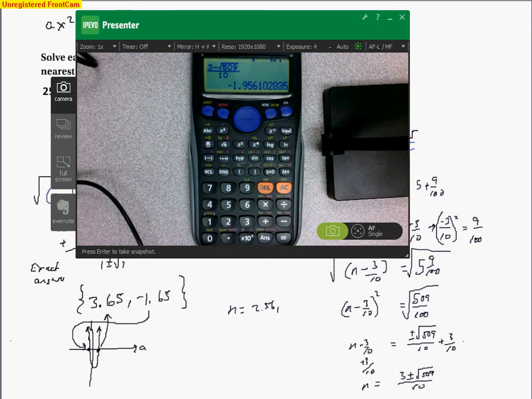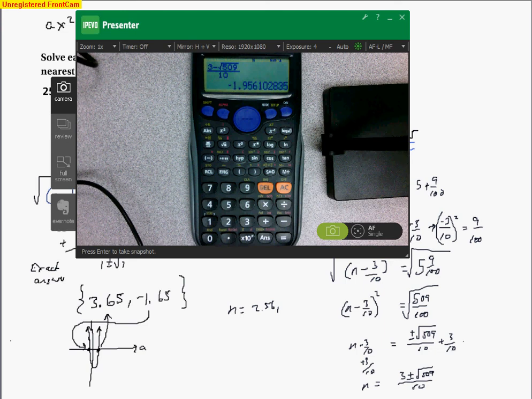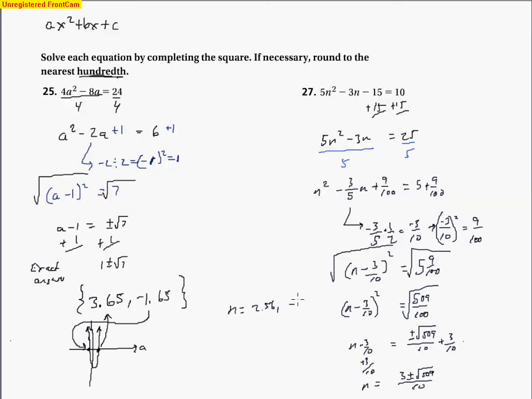So negative 1.96. So again, that 6 is big enough to round the hundredths place to the next value higher. So negative 1.96. And so again, those are the solutions which represent the x-intercepts.